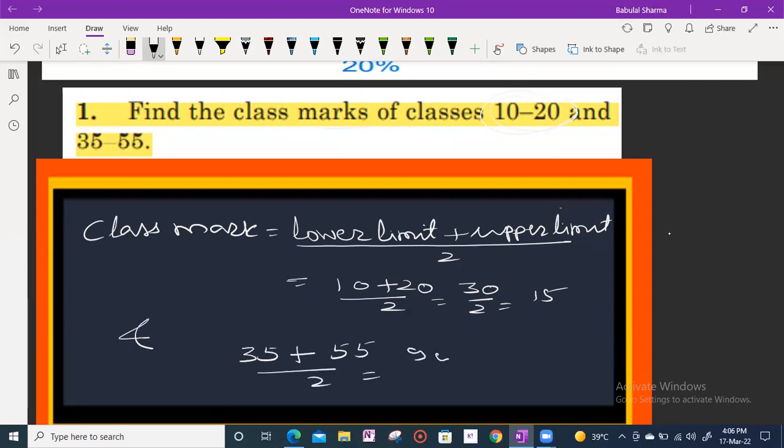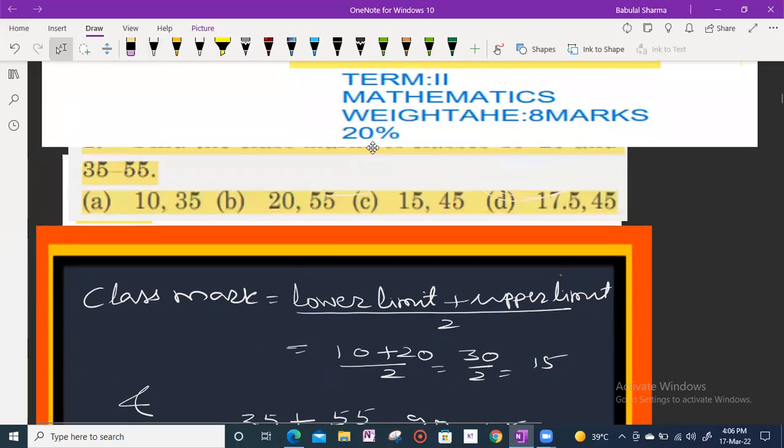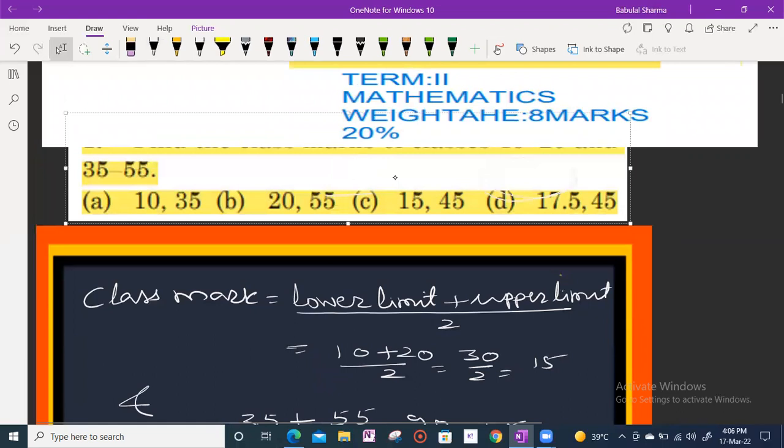So that is 90 by 2, this is 45. So the answer of this question is 15 and 45. C is the correct answer here.